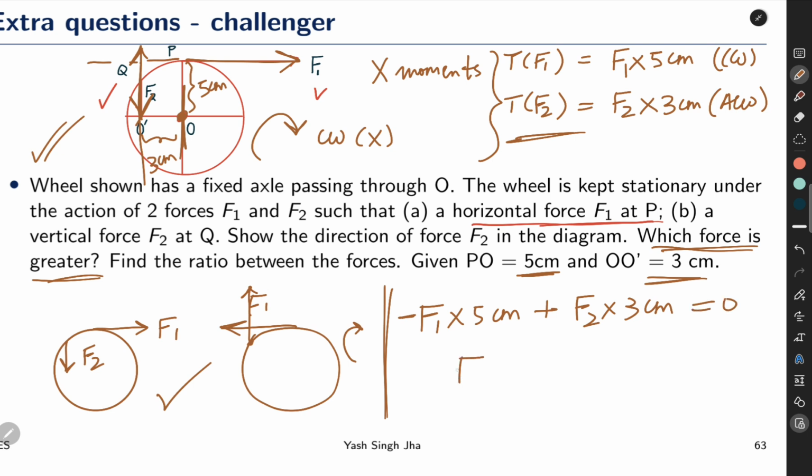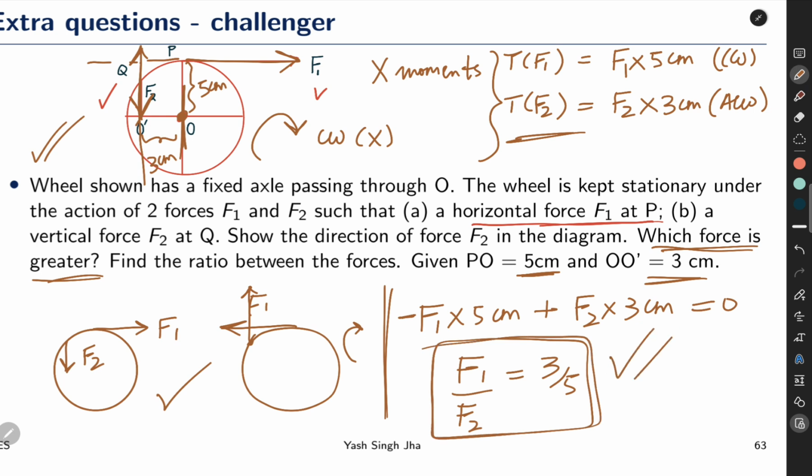So this will give you one formula: F1 by F2 is 3 by 5, which means what? F2 is greater than F1. The second force is greater than the first one, which is very logical. F2 is closer to O than F1.